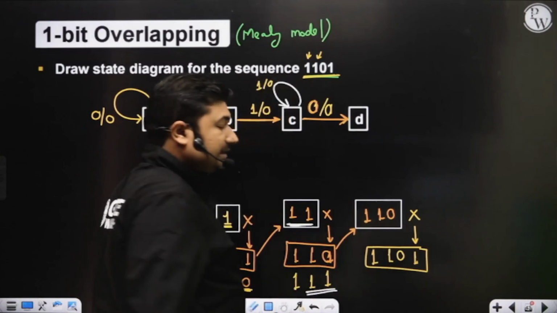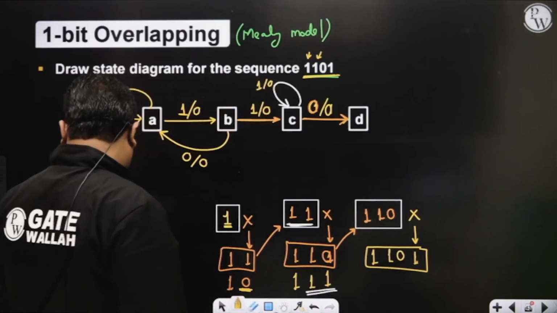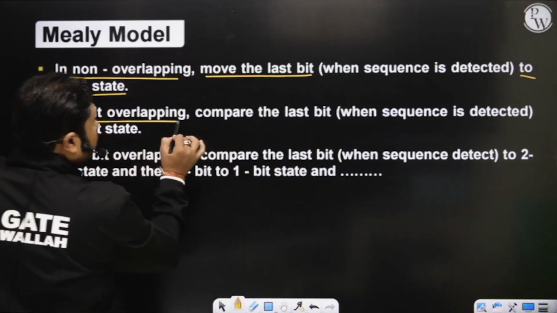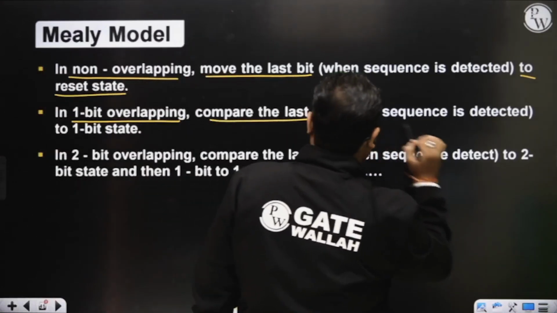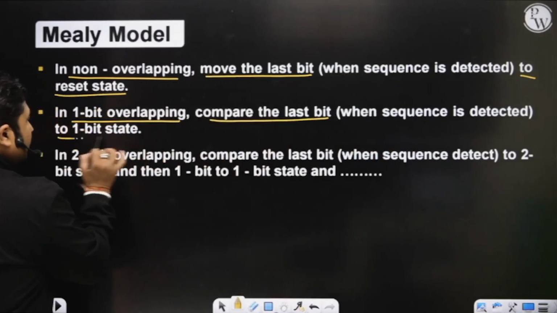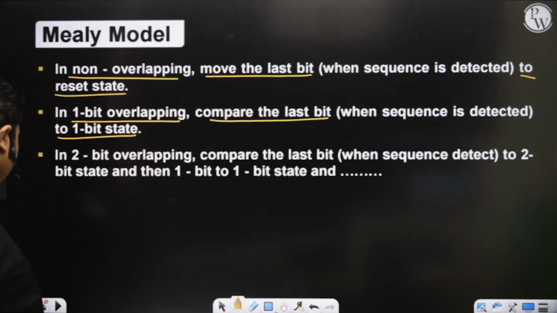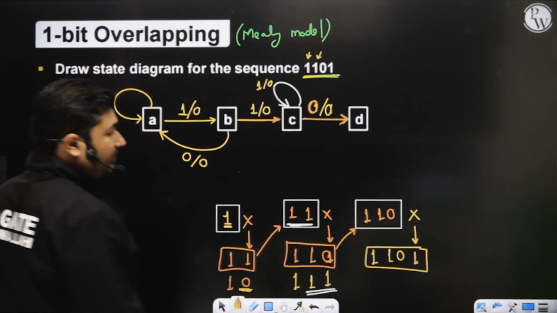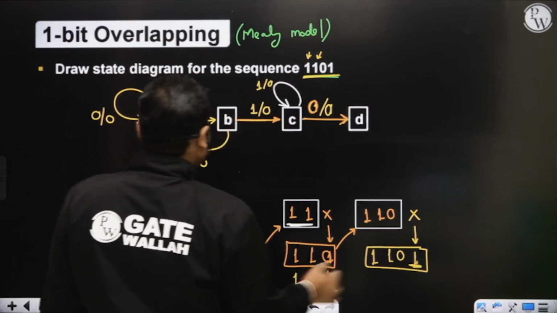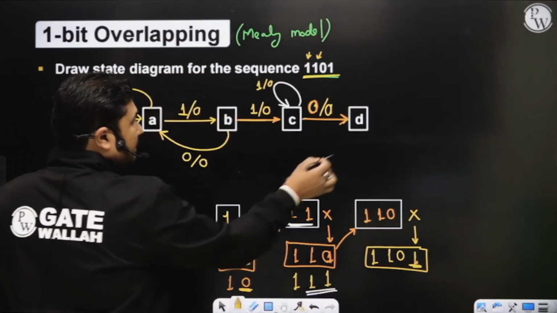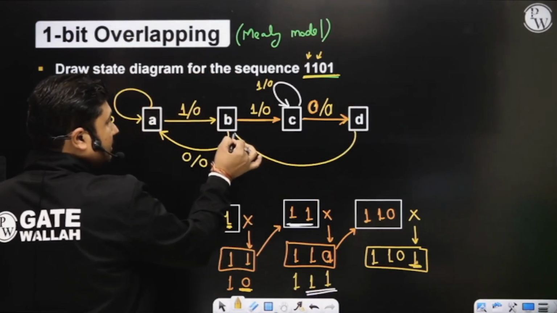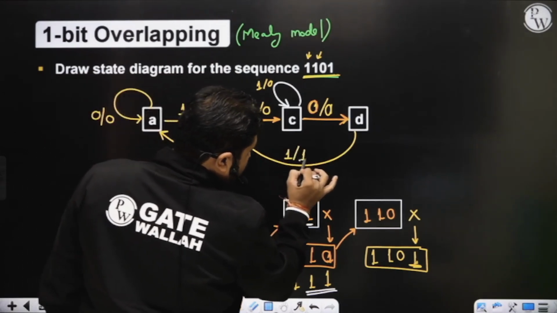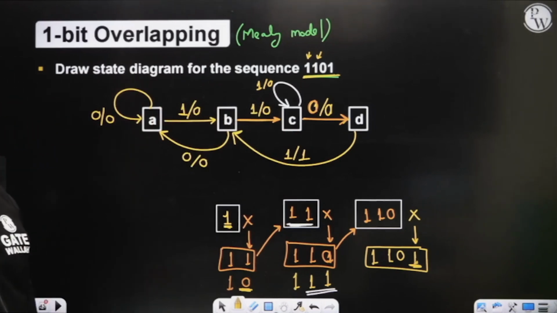In case of 1-bit overlapping, if all the bits are detected, then compare the last bit to the 1-bit state. Yes, sir, they are the same. It means you are reaching here. Is it okay? Yes, sir. So 1, 1, all the sequence got detected.